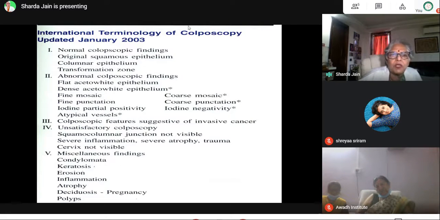You should be able to say this is original squamous epithelium, this is columnar, this is transformation zone. You will be able to identify everything by the time this meeting today and tomorrow is over.